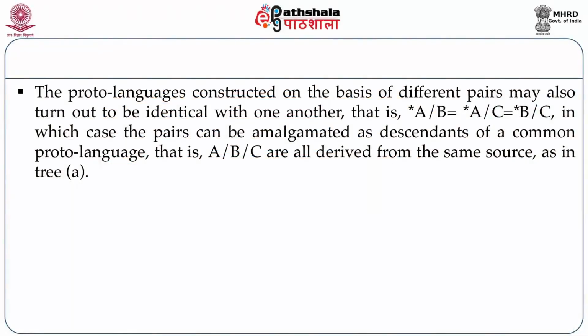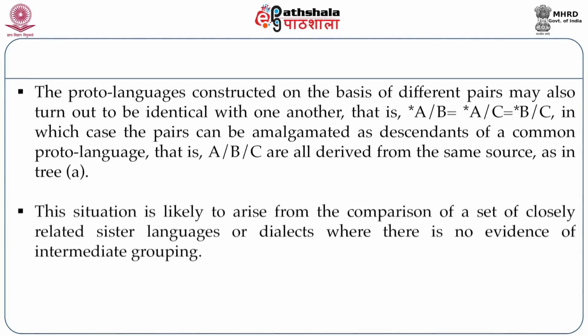The proto-languages constructed on the basis of different pairs may also turn out to be identical with one another. That is, AB equals AC equals BC, in which case the pairs can be amalgamated as descendants of a common proto-language, that is, ABC are all derived from the same source as in tree A. This situation is likely to arise from the comparison of a set of closely related sister languages or dialects where there is no evidence of intermediate grouping.